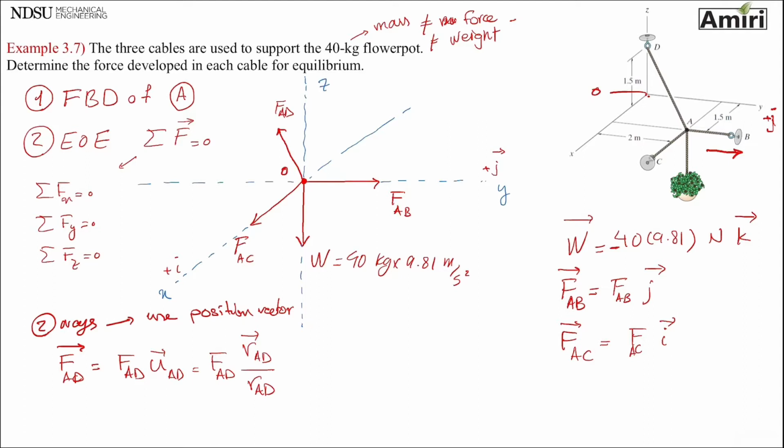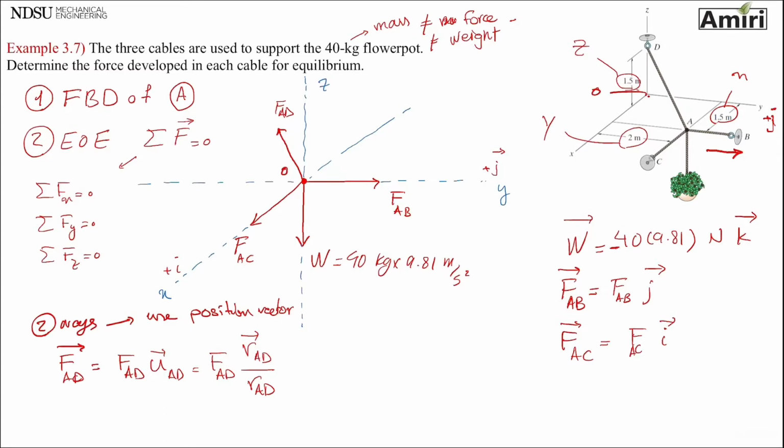The second way, which is exactly the same thing, but we take a shortcut. If you remember from chapter 2, I taught you a shortcut. The X here is 1.5. The Y is 2, but it's minus 2 because we're going back. And Z is 1.5.